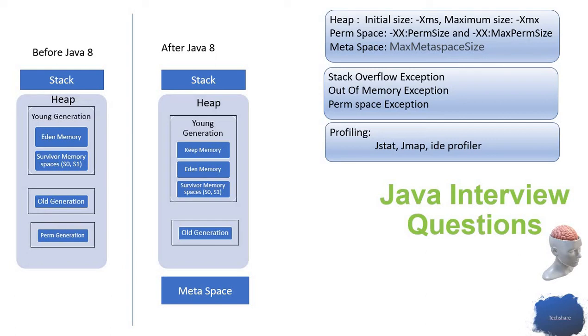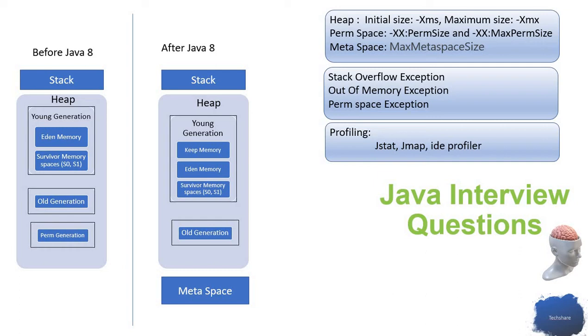Once it gets filled, the garbage collection needs to start working on your perm generation to clear out all those memories, which takes a long time, and because of that there may be a performance issue.